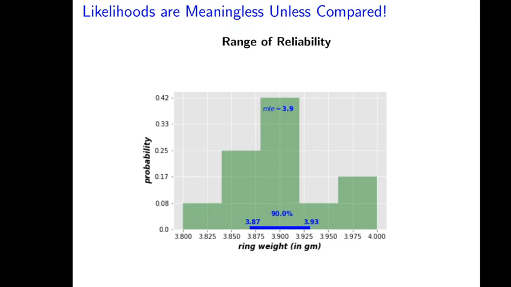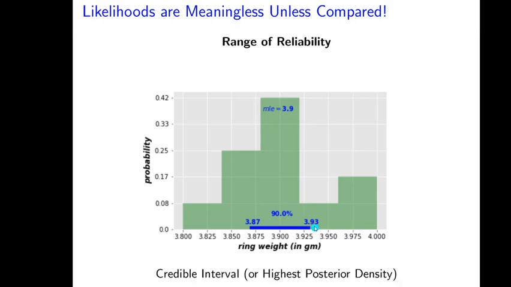For instance, in our example, the range between 3.87 and 3.93 covers almost 90% of the estimations we have received from our jewelers.